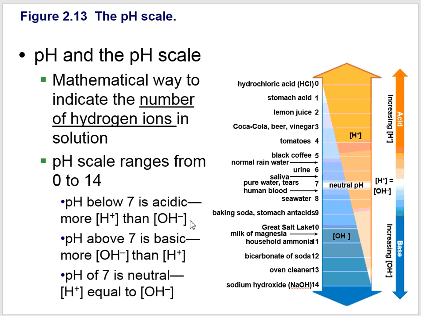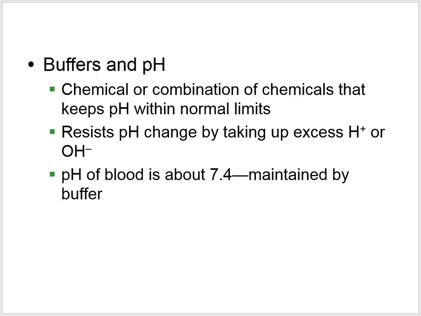Living things have a very, very narrow range of pH in which they can survive. For example, the pH in our blood is about 7.4. If our pH changes much, like let's say our pH drops to 7.0 or it rises to 8, we can easily go into a coma or easily die.